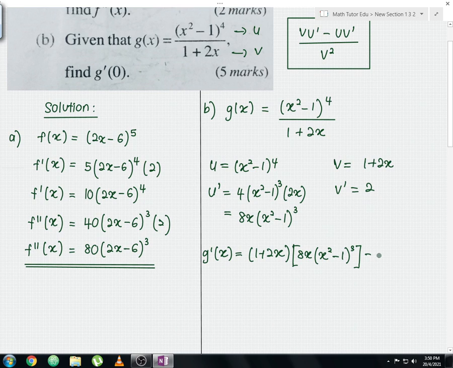So from here, (x square minus 1) to the power of 4 times with 2. Let me underline the fraction. Divide with v square. In this case v is 1 plus 2x, so v square will be (1 plus 2x) square.